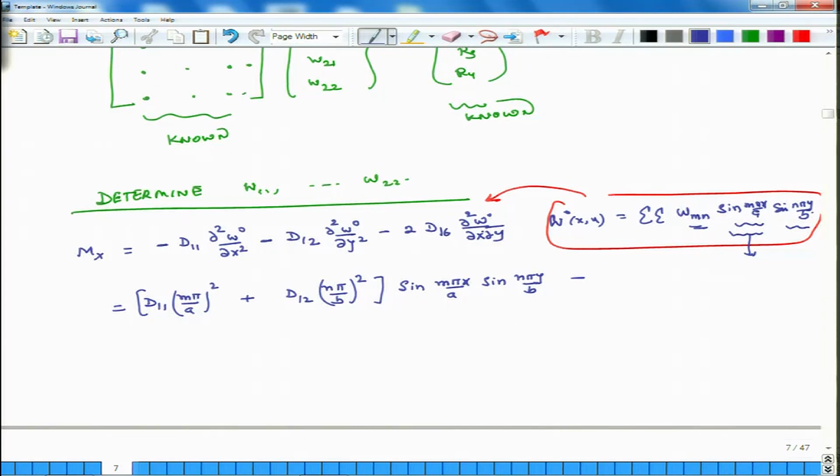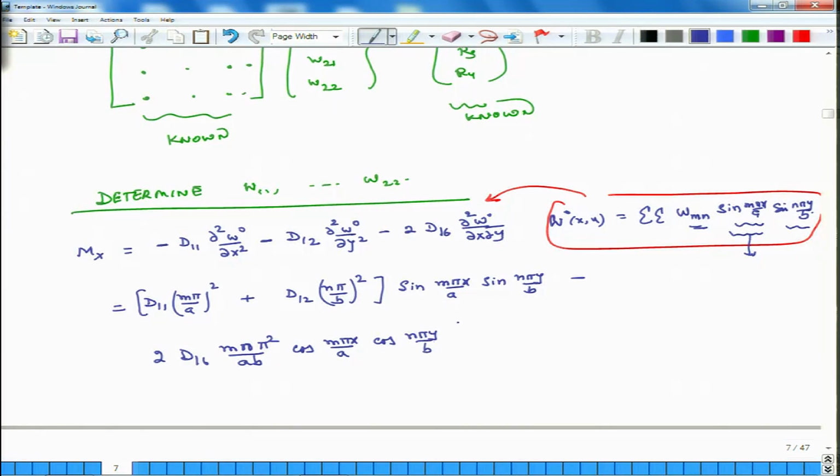Now when I differentiate this w with respect to x and y, there is no reversal of sign because sine just gets differentiated into cosine. So this negative sign remains and I get 2 D16 m n pi square over ab, cosine m pi x over a cosine n pi y over b.